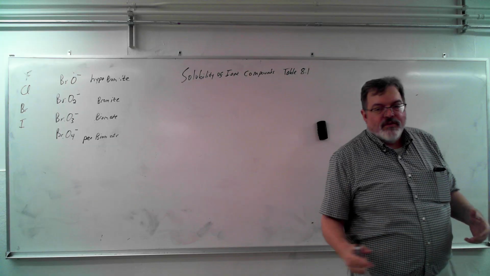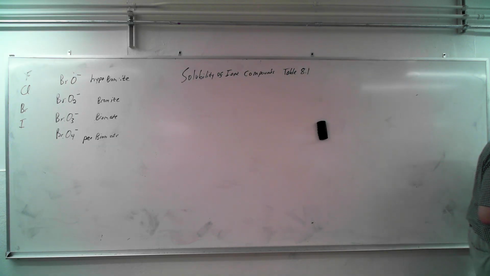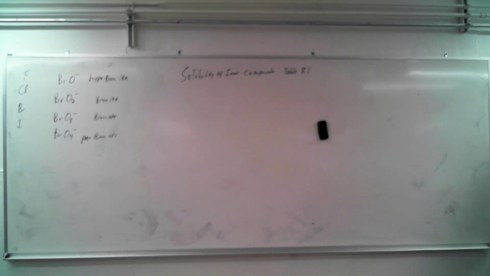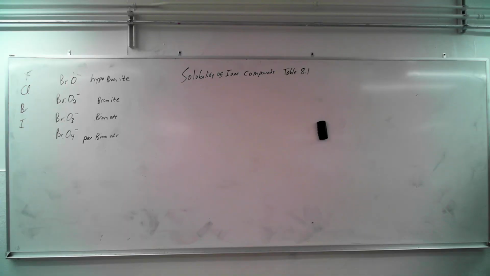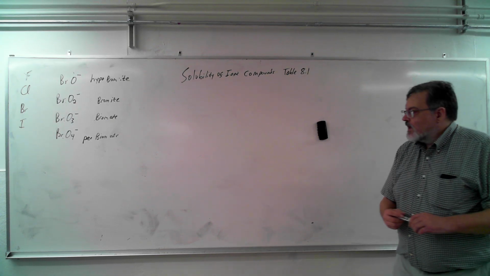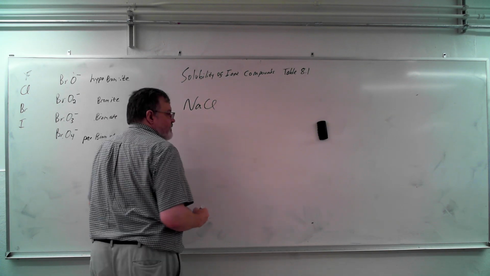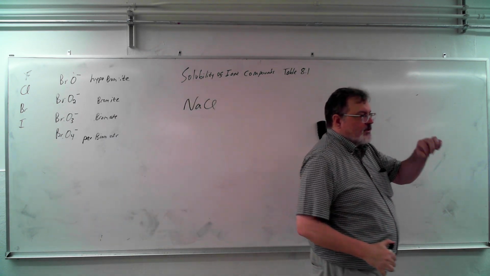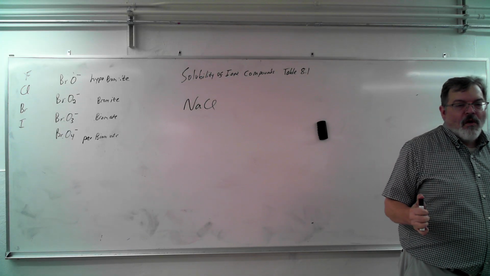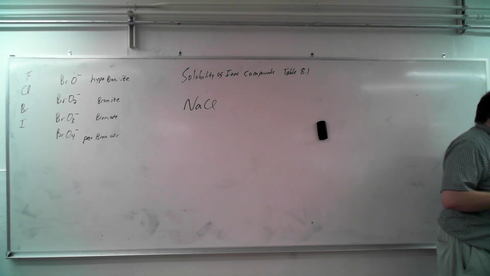Solubility means will it dissolve in water? Table 8.1, this is the guy who tells you what's soluble in water and what it's not, if it's an ionic compound. Many ionic compounds will dissolve in water. One that you're familiar with is NaCl. NaCl is table salt. You probably already know if you put a little salt in water, it just dissolves. You can't see it. And that's what we mean.